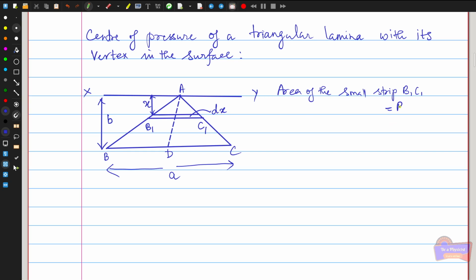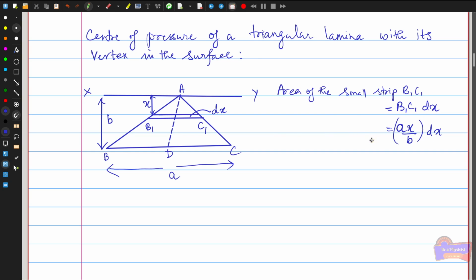The length B1 C1 varies with respect to the height b, so I can write B1 C1 as a times x divided by b. So the area of the small strip is a divided by b into x into dx.